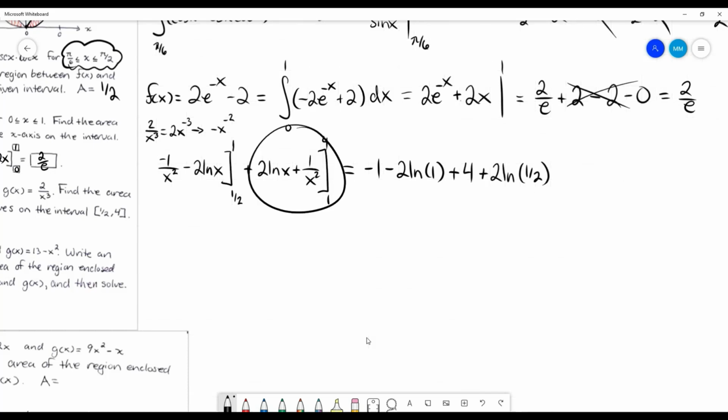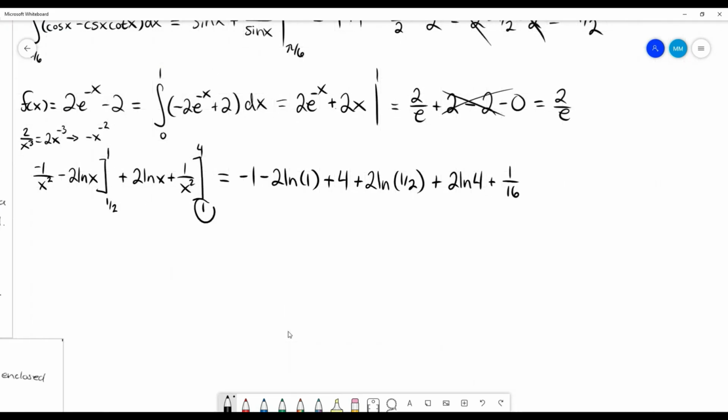Now we need to do the same thing over here. So plugging in that 4, it's going to be plus 2 natural log of 4 plus 1 over 4 squared, so 1 over 16, minus, now plugging in a 1 for all of that, so minus 2 natural log of 1 minus 1 over 1 squared, which is just 1.